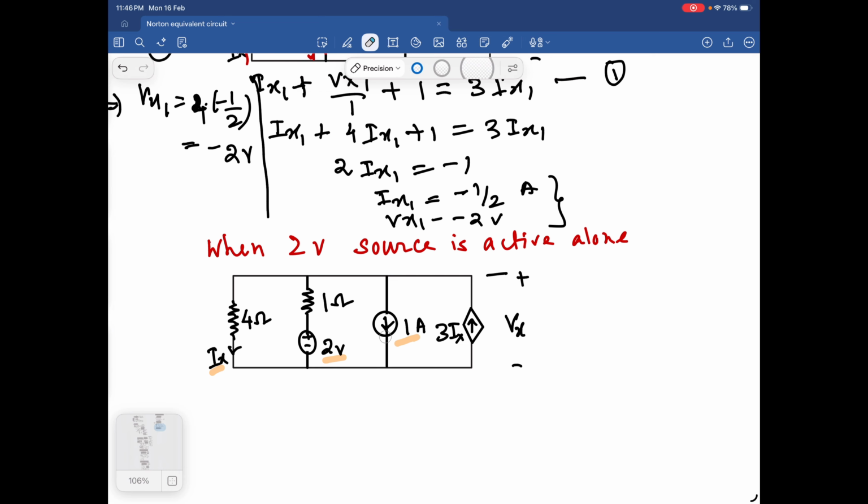I will open the current source, so this source will not be there. Only the 2 volt source will be there.